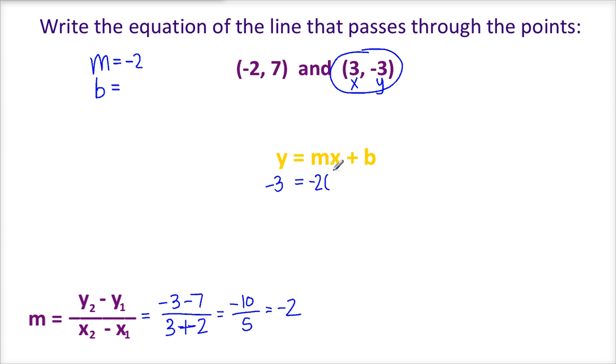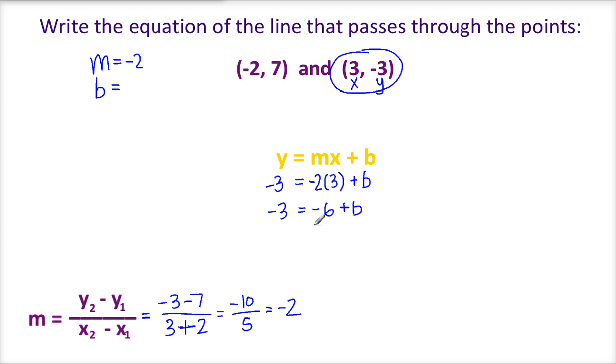I know that x is 3, but I don't know what b is, but we'll figure it out. So negative 3 equals negative 2 times 3 is negative 6 plus b. Oops, not b. Did I just give it away? Negative 3 equals negative 6 plus b.